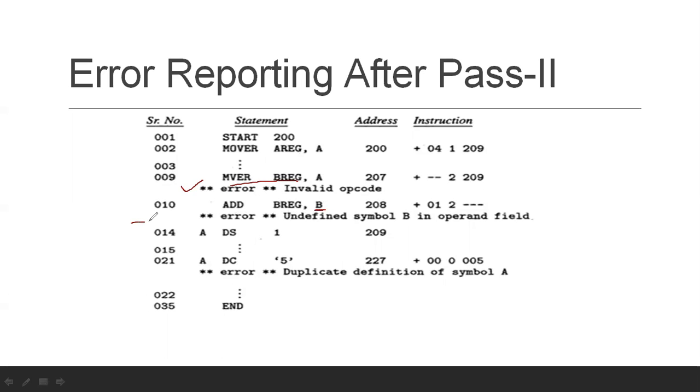The error is given at this location because while doing pass 1, it was identified that B is not found, and since we delayed error reporting up to pass 2, whenever B is encountered we give the error as undefined symbol B. Instead of giving this error at the end, it is reported exactly after the erroneous statement. And the duplicate definition of symbol A error is as it was in pass 1.